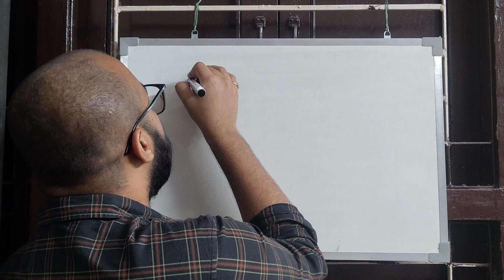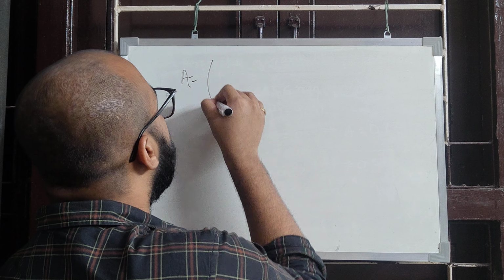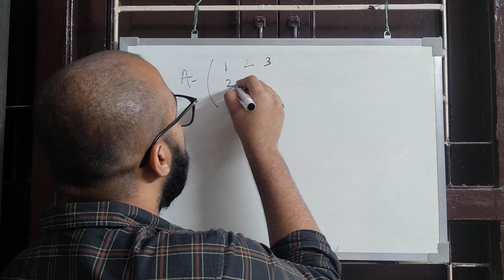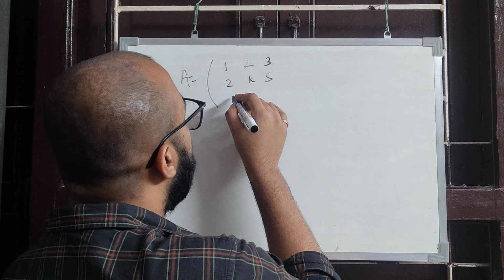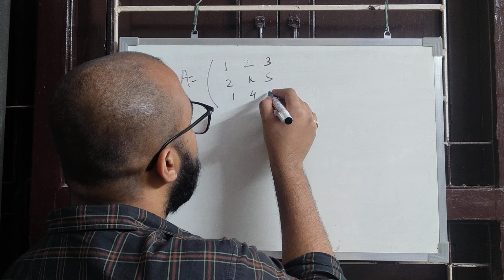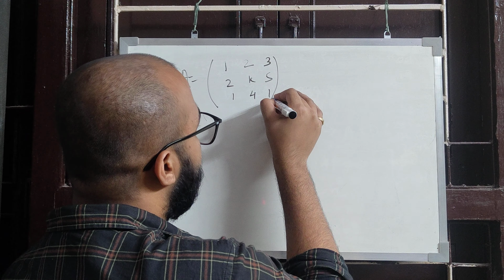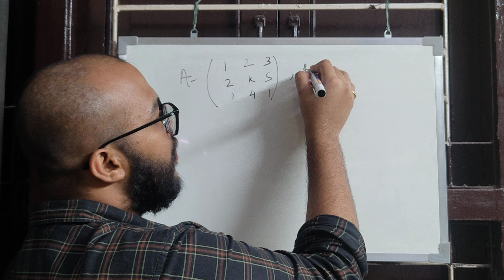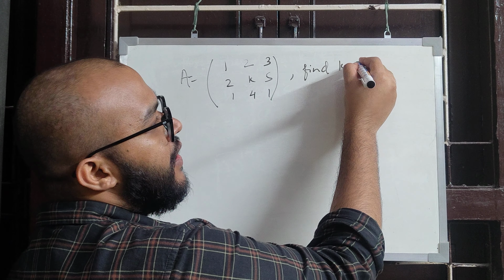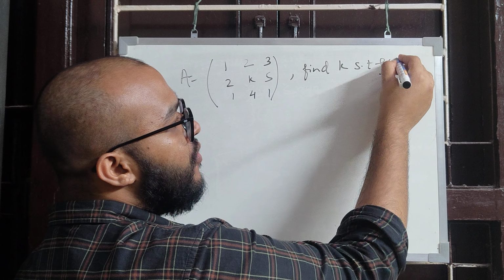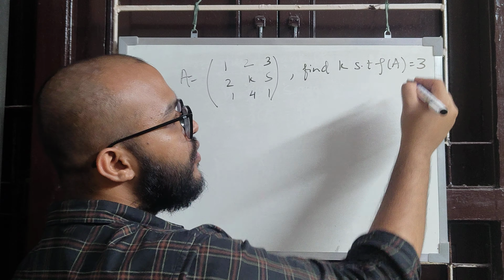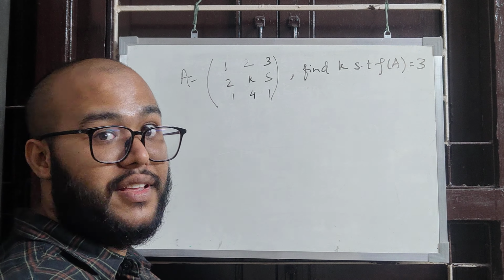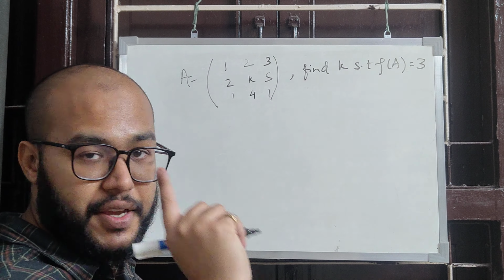Suppose there is a matrix A. They will ask, find K such that rank of A is equal to 3. We have to find the value of K such that rank of A becomes 3.